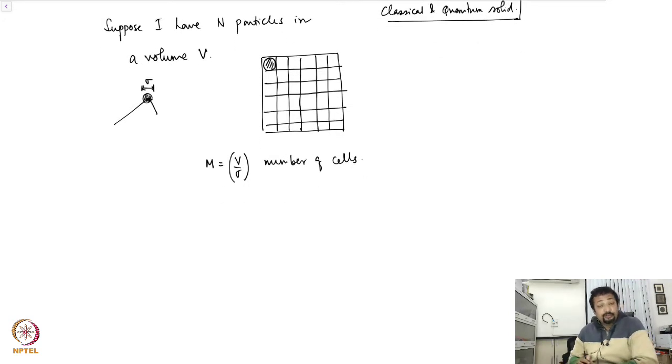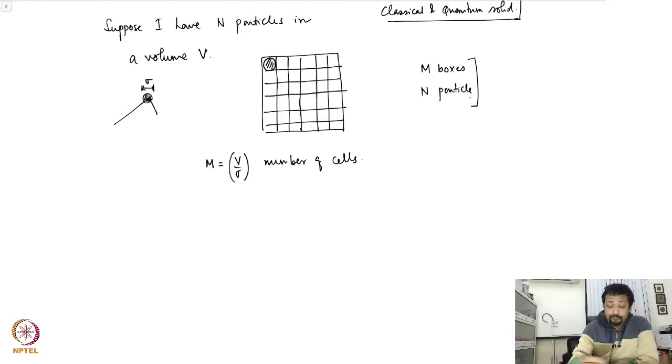The question now is, what is the total number of microstates? So there are M boxes and there are N particles, and I have to put this number of particles in these boxes, and this is simply a combinatorics problem which most of you have done.